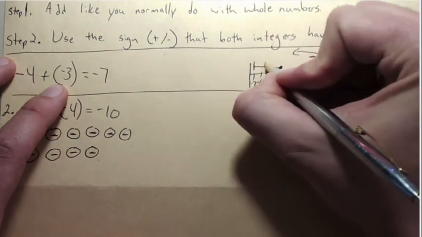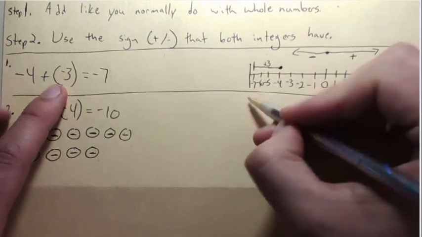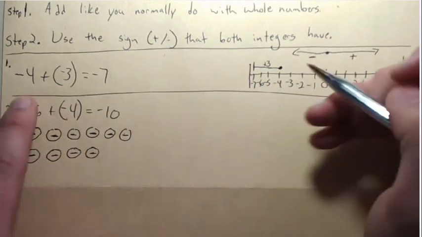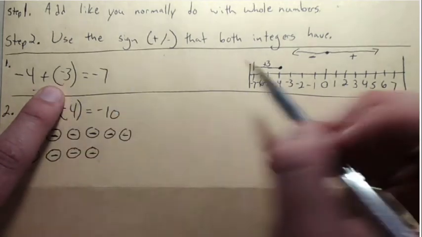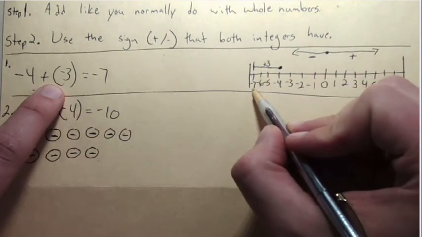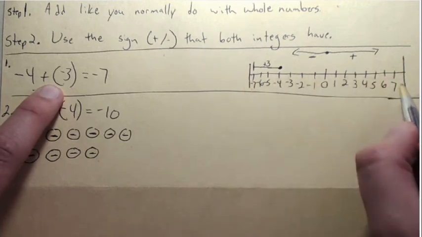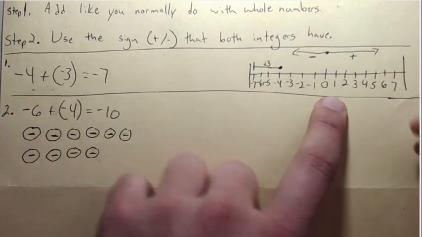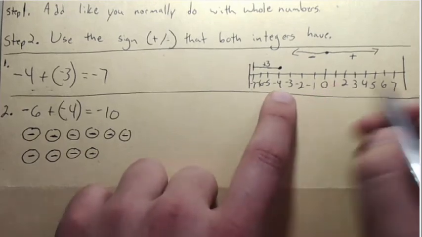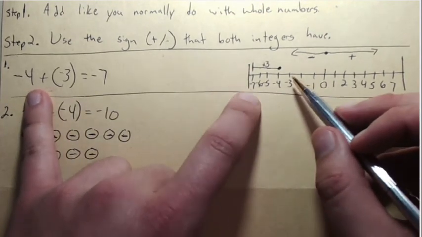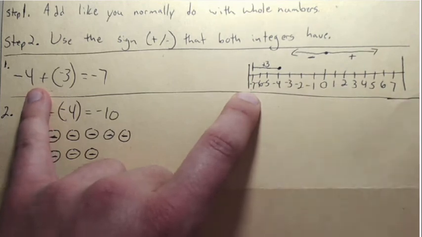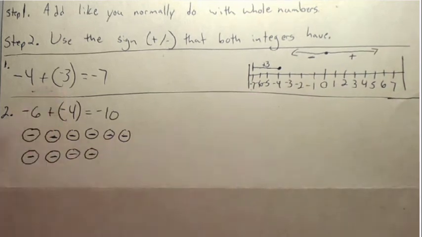So I've added 3 to that, and I've ended at negative 7, which if we look back at number 1, we started at negative 4, added negative 3, and we ended at negative 7. So the number line is just another representation that you can see if you take the original number, our negative 4, and we add a negative 3 to it, we do get negative 7. So go ahead and pause the video and copy that one down if you didn't get it while I was talking.